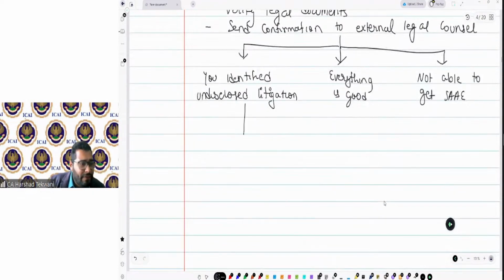Now let's discuss the first area, that you identified an undisclosed litigation. Okay, you identified an undisclosed litigation. What will you do? First area, that you identified undisclosed litigation. What will you do?